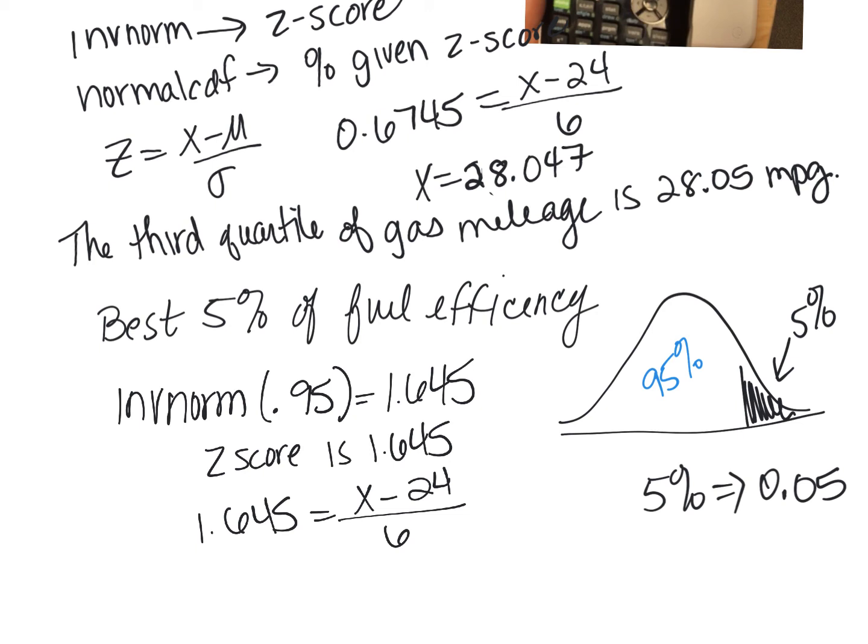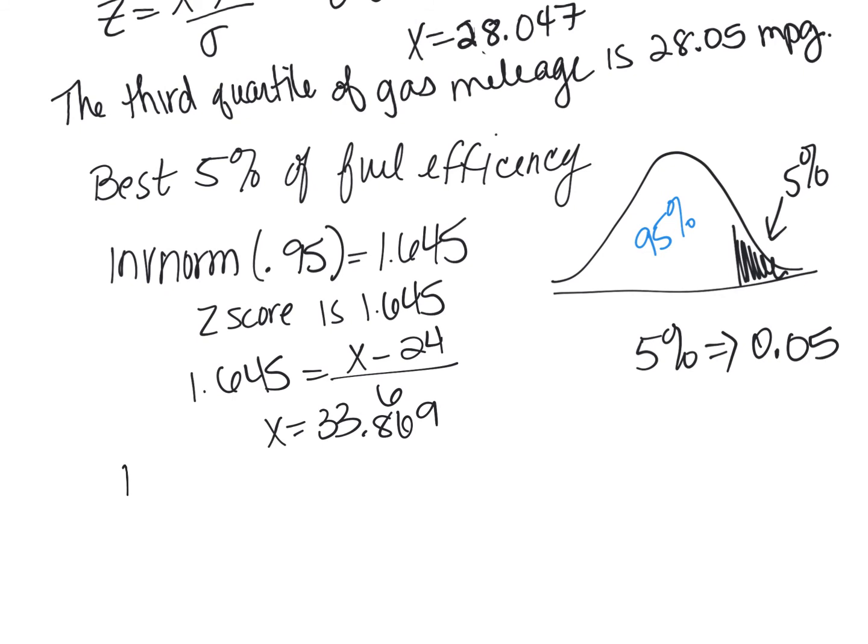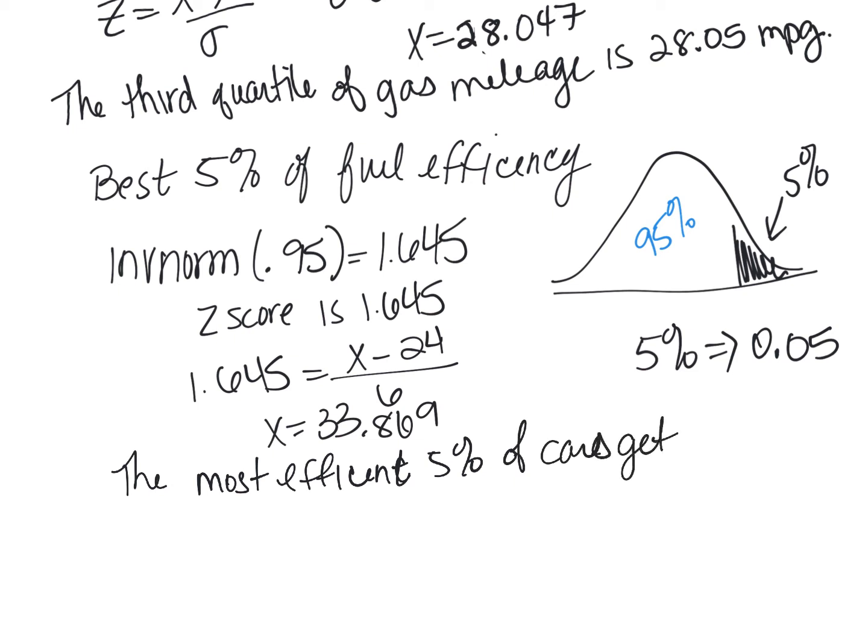And we'll times by 6 and add 24. 33.869 miles per gallon. So the best, the most efficient 5% of cars get more than 33.87 miles per gallon.